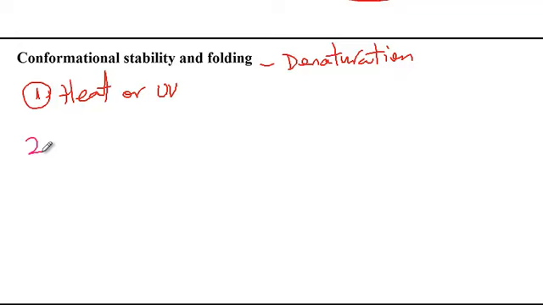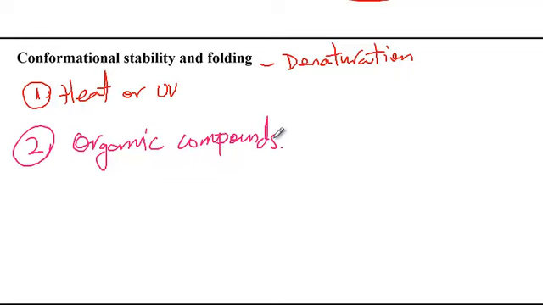Number two, we can have organic compounds, like for instance ethyl alcohol, which is involved in intermolecular hydrogen bonding. So there will be intermolecular hydrogen bonding that will disrupt the intramolecular hydrogen bonding. Next, we have salts of heavy metals, like for instance mercury and lead.